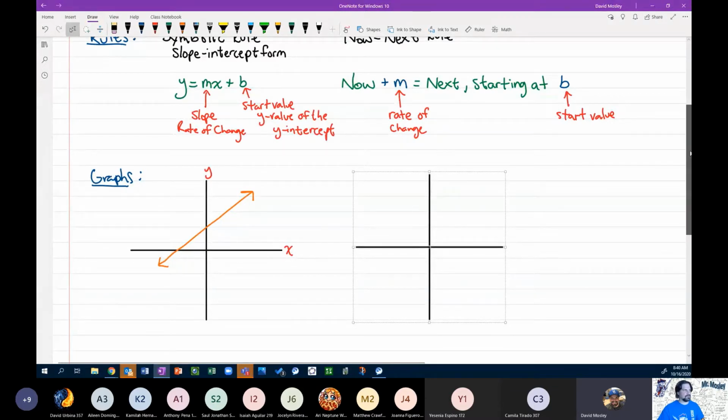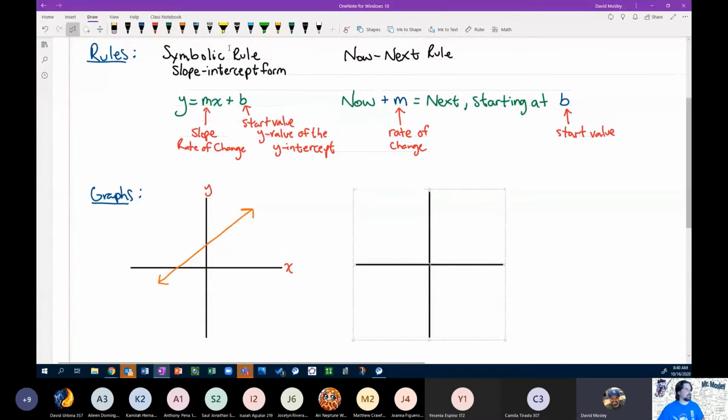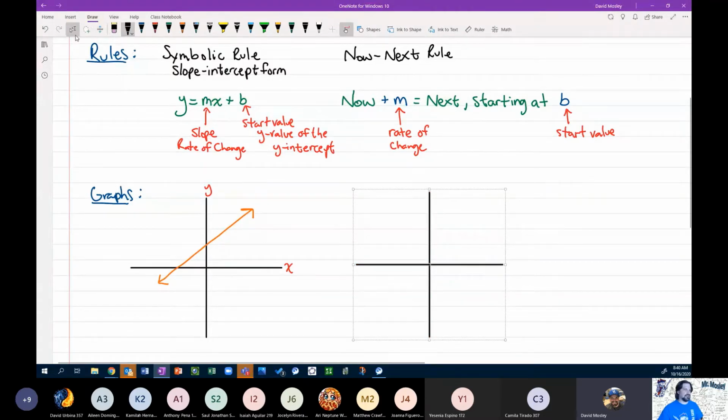Scrolling. That's better. Changing my graph. So we have y and x with a line, and we also have decreasing lines and increasing lines.